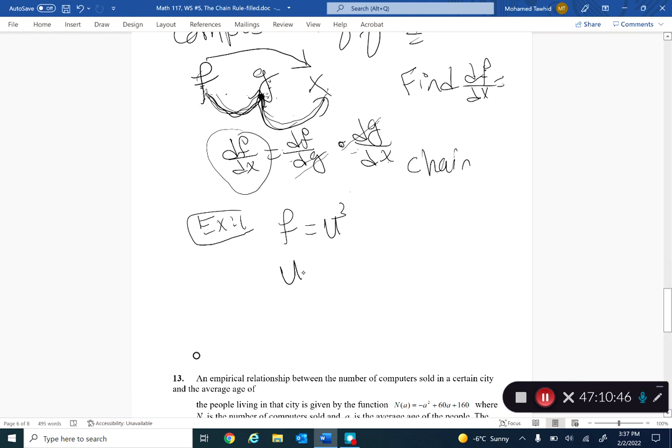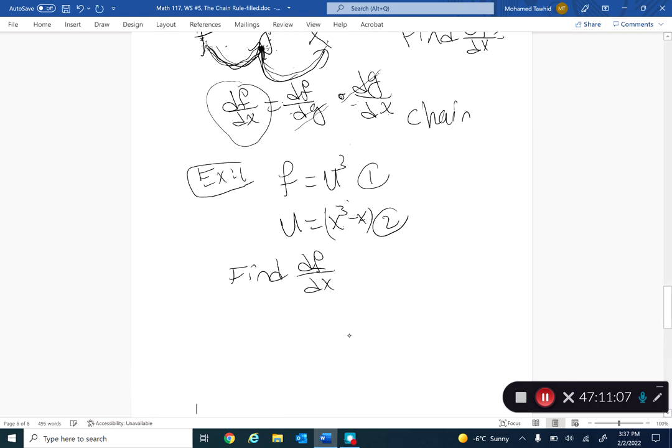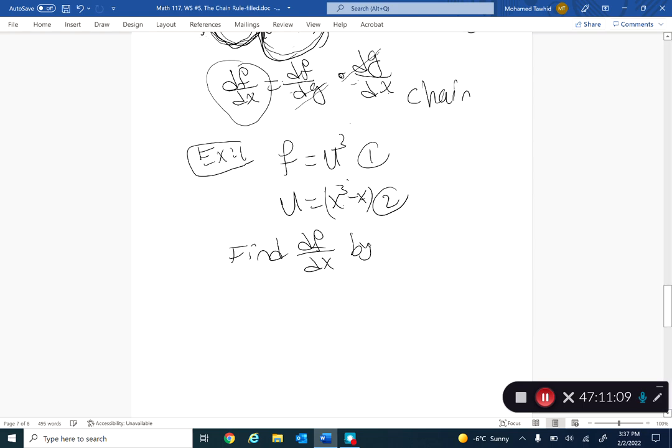And here u equals x cubed minus x, all right? So that is given here. Equation 1, and that is equation 2. What is the question here? The question here is to find df by dx. How do you get df by dx? By chain rule. They are very specific, by chain rule, which means you cannot use other methods.